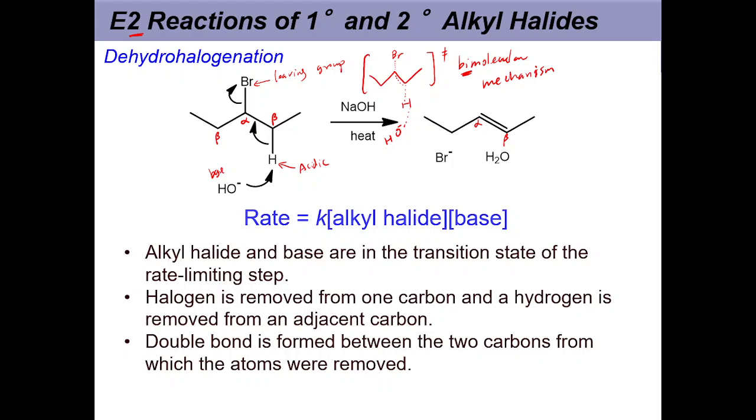You can compare this to SN2 reaction. It's a kind of similar mechanism, but I want you to appreciate the difference. Usually in the substitution, the lone pair directly attacks the carbon that the leaving group leaves. But here, you're actually attacking the hydrogen on the beta carbon, not the alpha carbon directly.